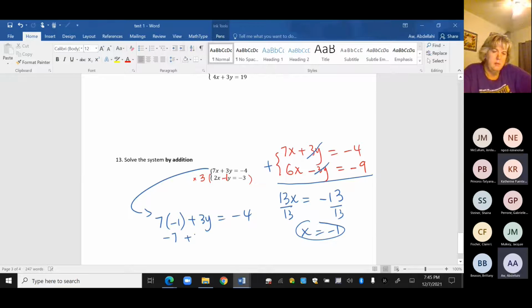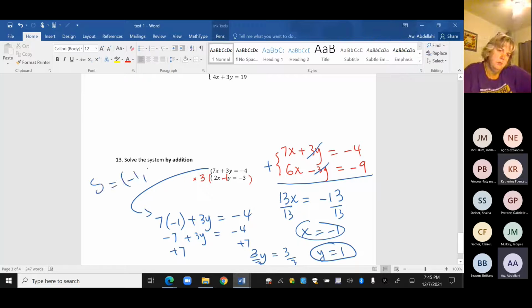We get negative 7 plus 3y is equal to negative 4. We add 7, so we get 3y is equal to 3. We divide by 3, we get y equal 1. So my solution will end up being negative 1 for x, 1 for y. That is the substitution method. I mean, that is the addition method, right?